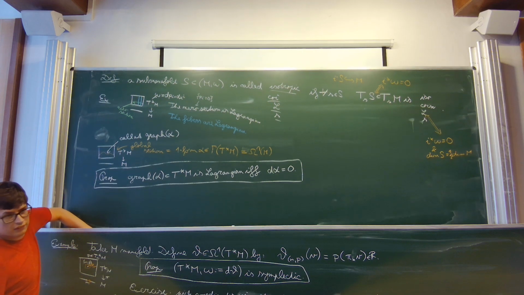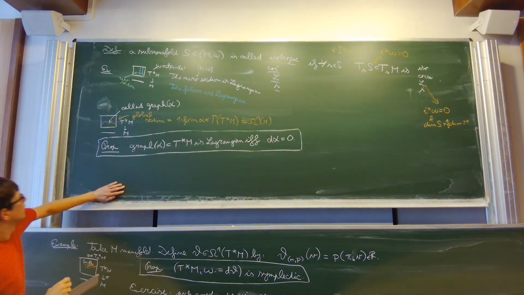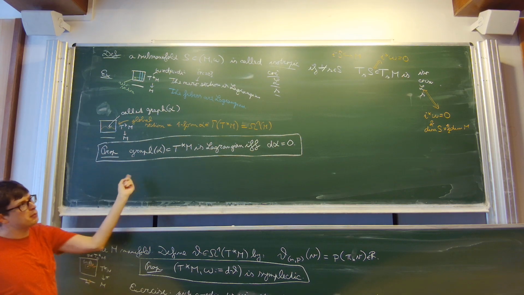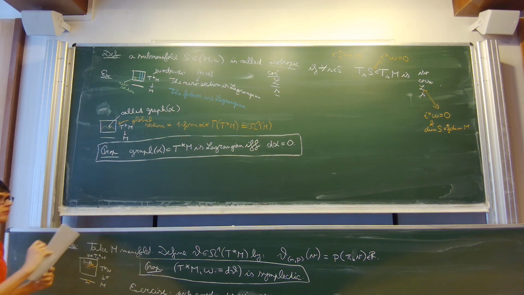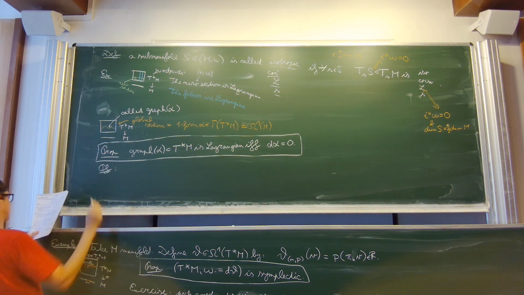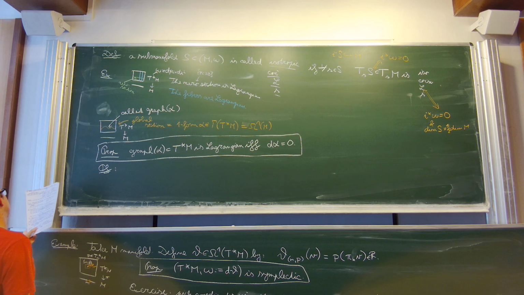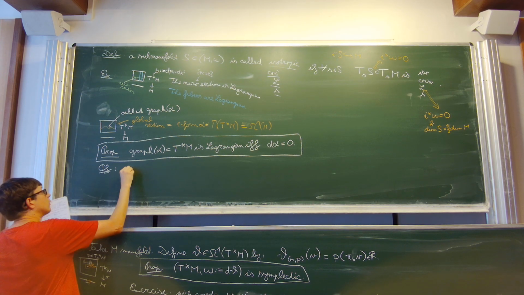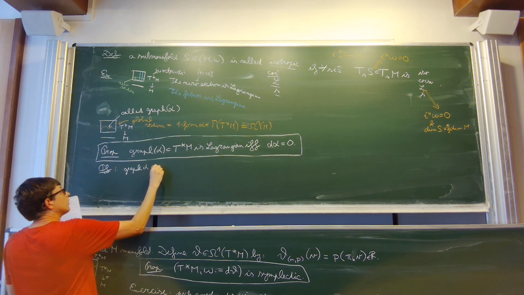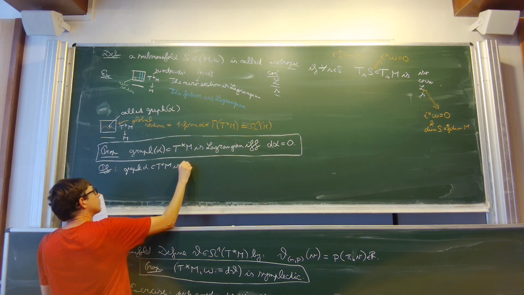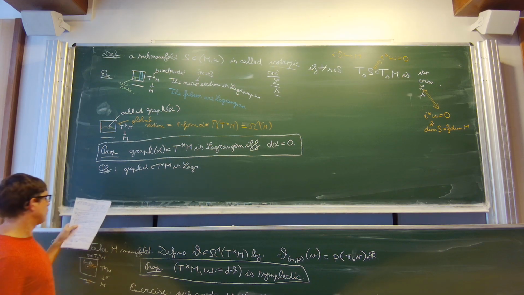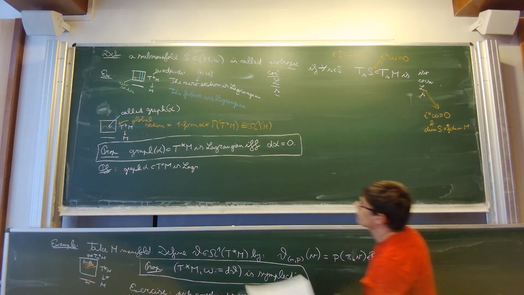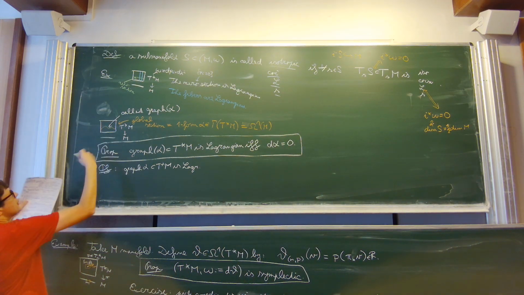Okay, it's a statement. So the graph of alpha inside here is Lagrangian if and only if, well, we already know that the dimensional condition holds, because it's the image of a section, which is always half-dimensional.